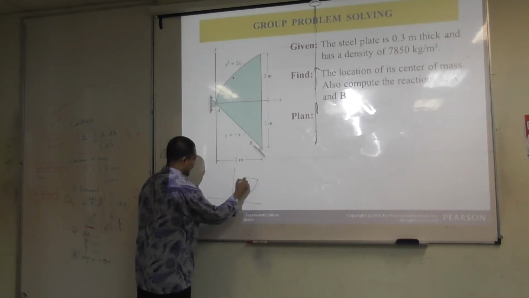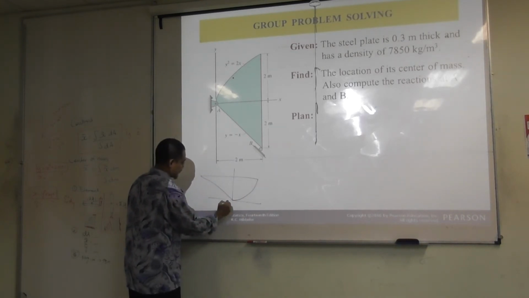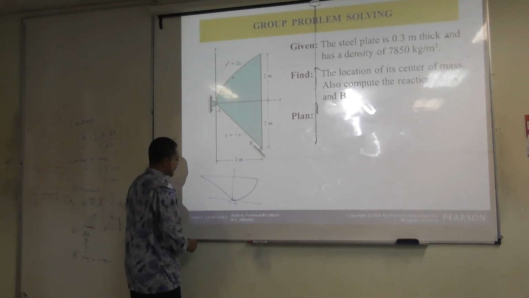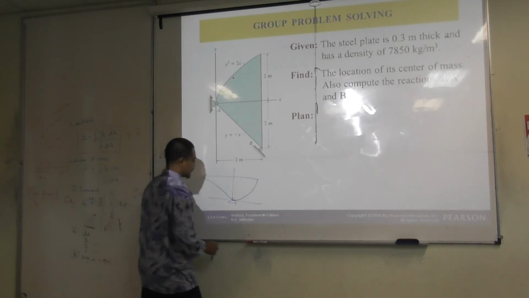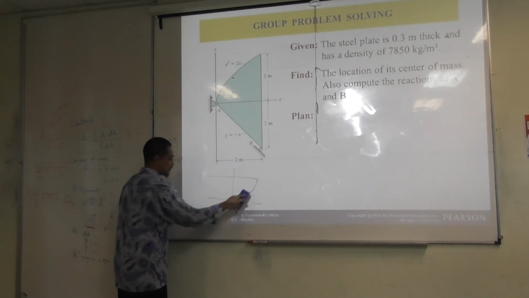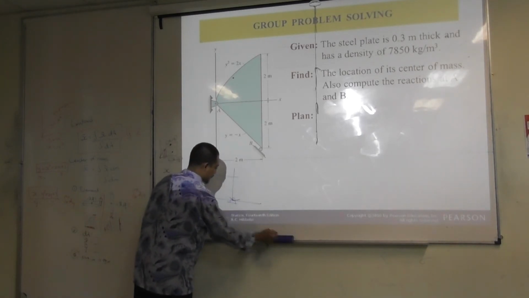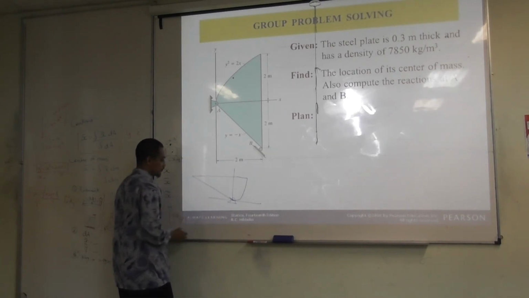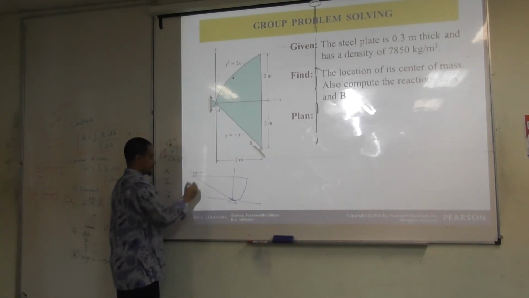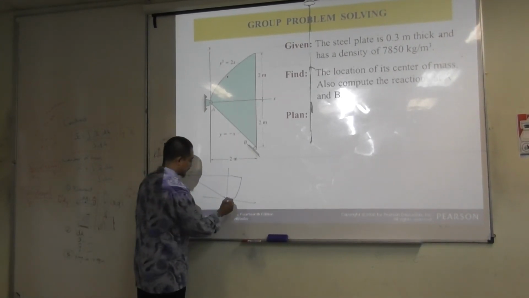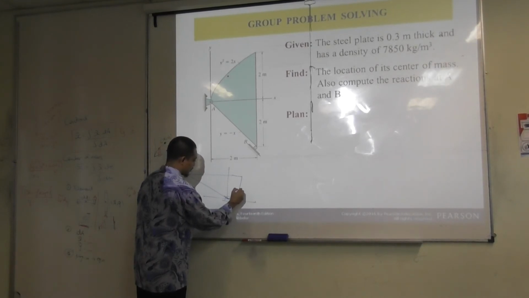Let's say I make it like this. Let's make this bigger then. This one is bigger. And then we have a ruler here, for example. One, two.